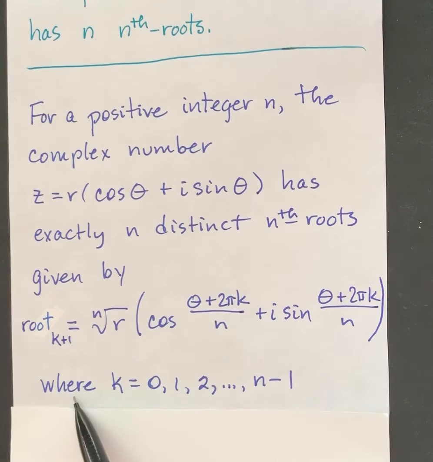And you can use k equals 0, 1, 2, all the way up to n minus 1. So you keep changing out the k values to get the different roots.